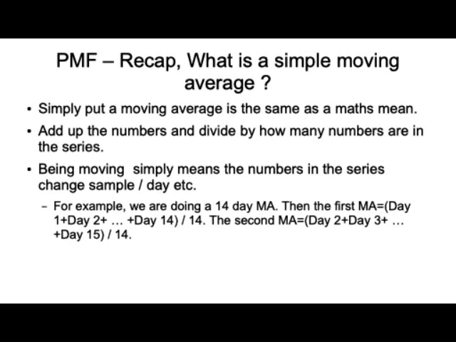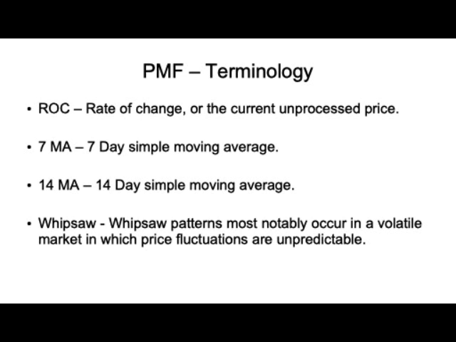So, to recap, you can see the slide, and if you need information, please see part 1 on moving averages. We've got the same terminology as before: rate of change, 7-day moving average or 7MA, and 14MA.